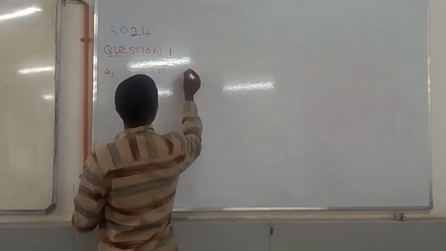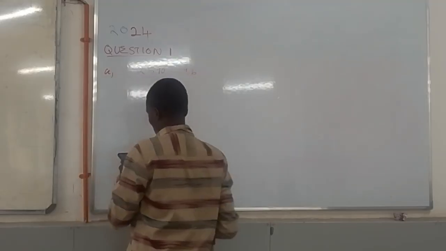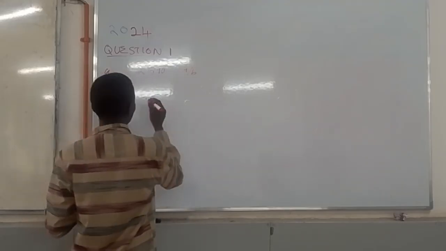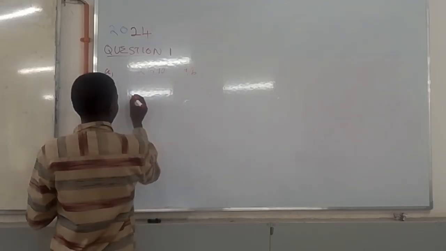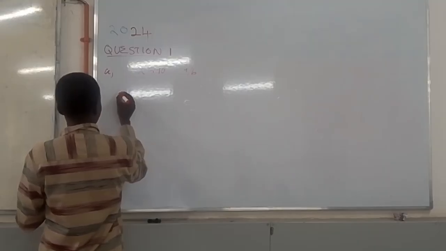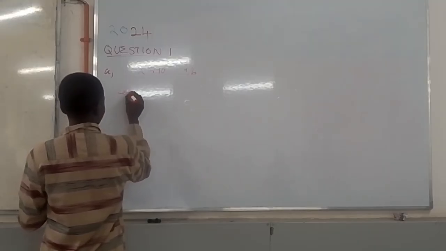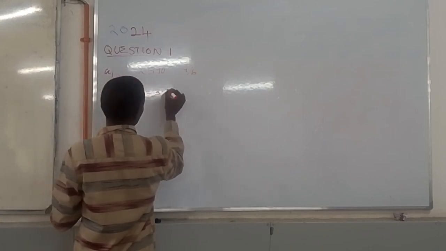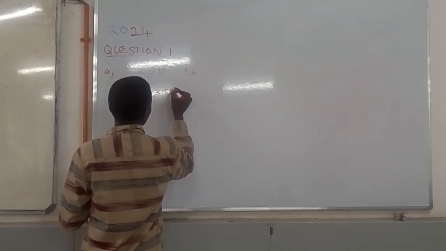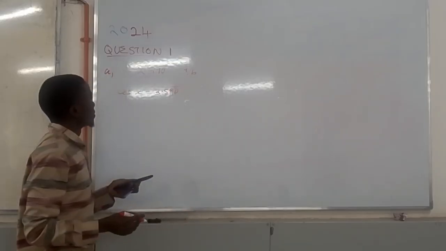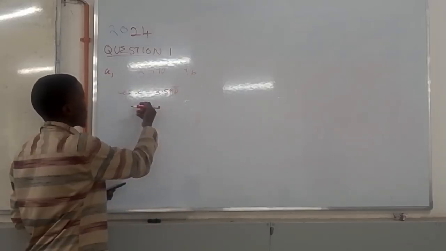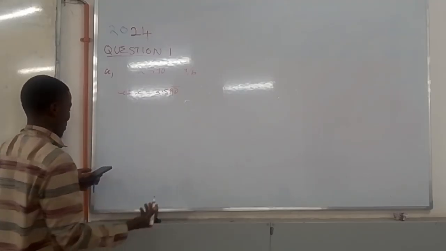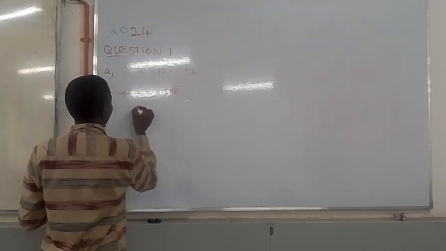Express x in the form... So there we say let x equal the decimal. Here we all know that we need first to multiply by 10, right? So we say 10x.